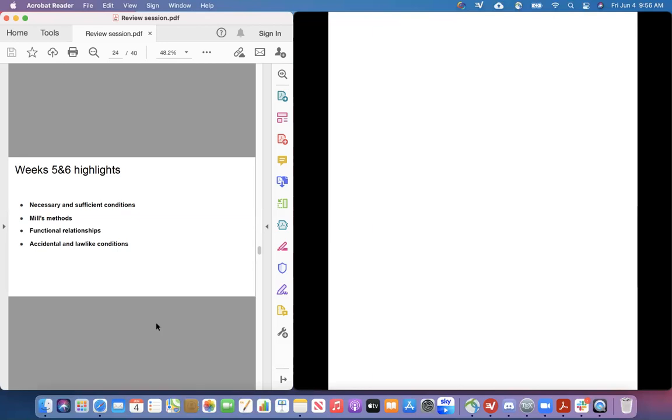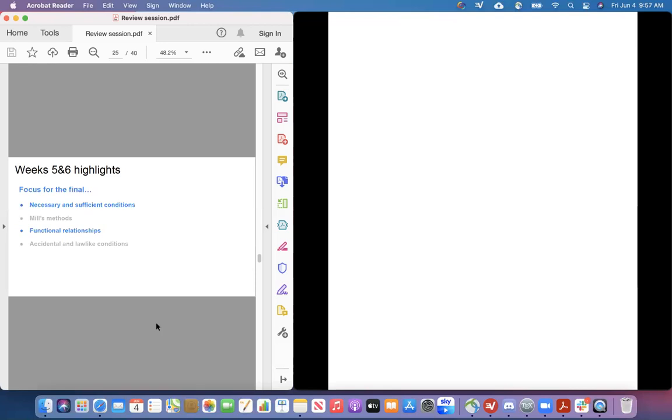So what we're focused on for the final is those things in blue, necessary and sufficient conditions and functional relationships. Now, I said back in weeks 5 and 6 that necessary and sufficient conditions, of course, the whole 2 weeks were about that. That was the focus of those 2 weeks. But there were different ways that I would test your knowledge of necessary and sufficient conditions.